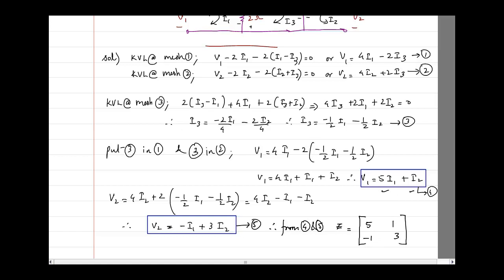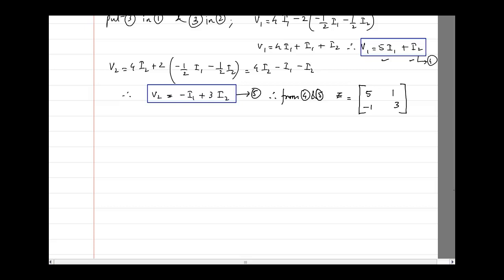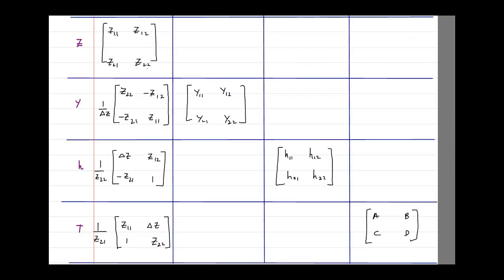So this is my simple z parameter. Now using these equations, I can find out the y parameter, h parameter and t parameter.